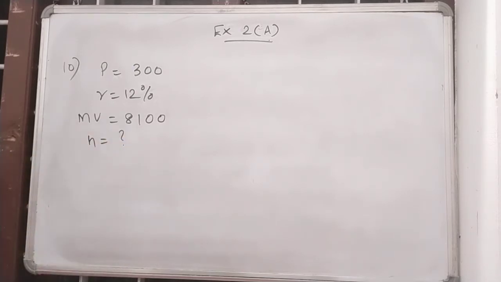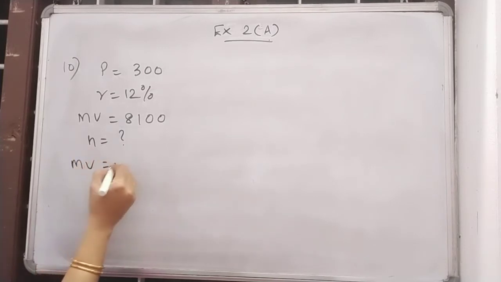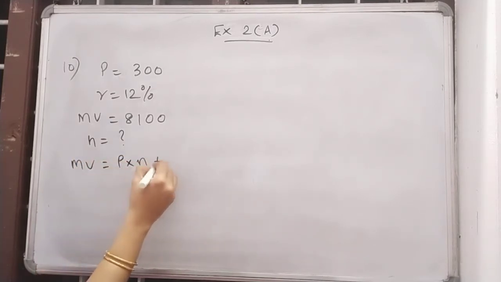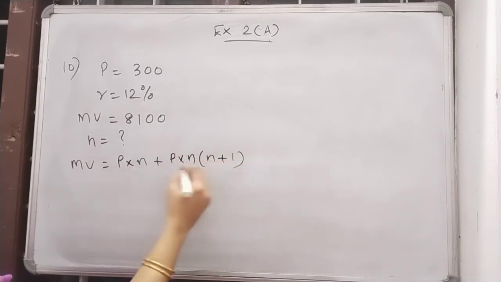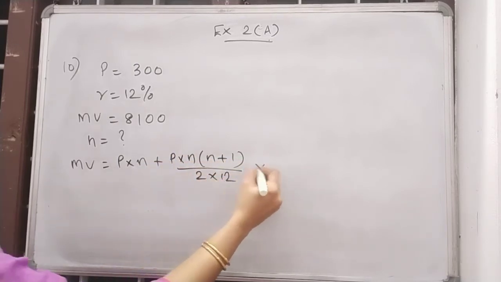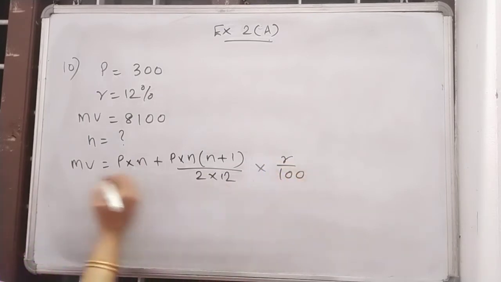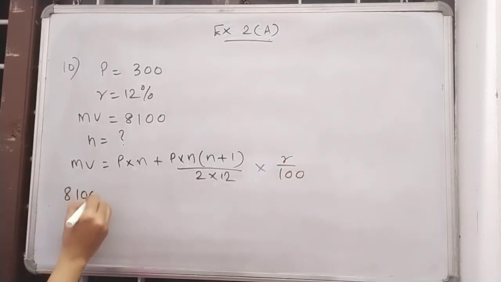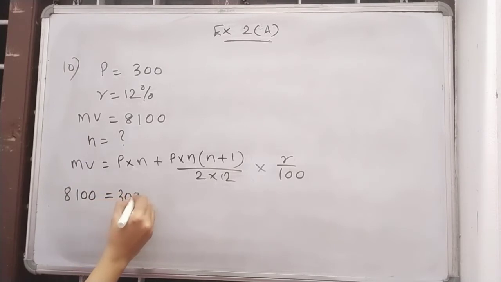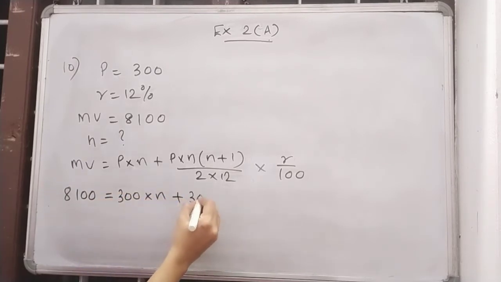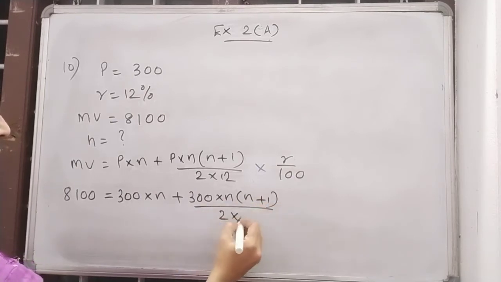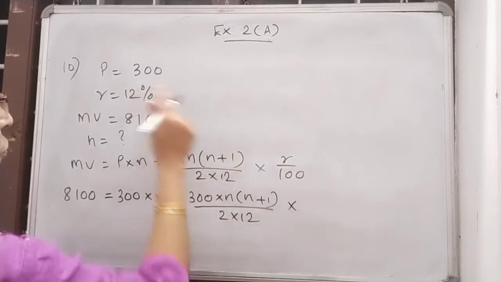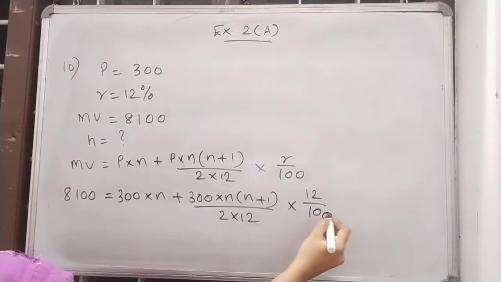For finding N, the maturity value formula is P into N plus P into N plus 1 divided by 2 into 12 into R by 100. Substitute all the values. 8,100 is equal to 300 into N plus 300 into N plus 1 divided by 2 into 12 into R, 12 by 100.